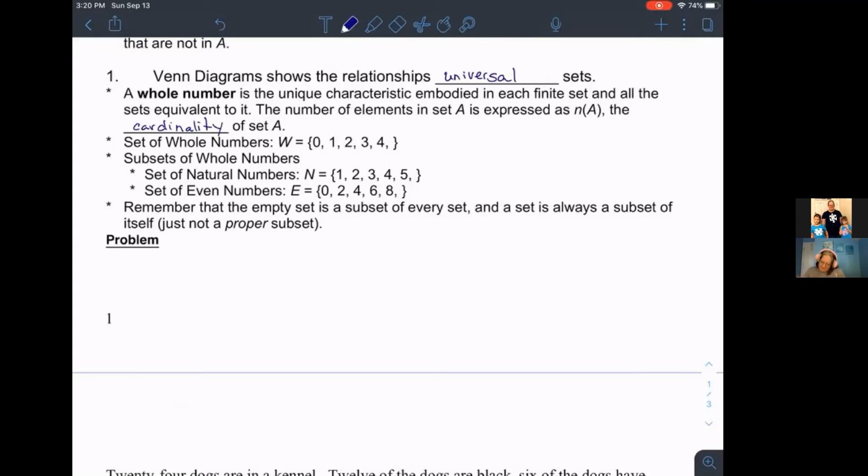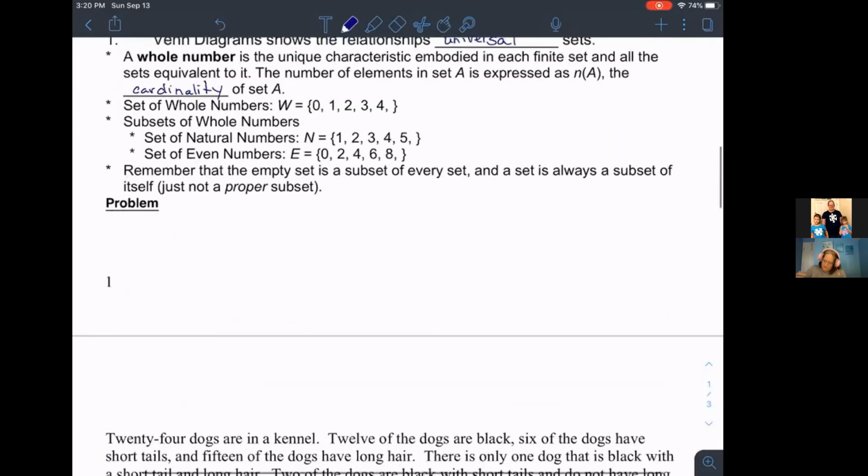Sorry. So let me explain this a little bit more. If we have a set, we're just going to stick with A, that has, let's say, 1, 2, 3, 4, and 5, and we want to find out how many subsets would be in that set.